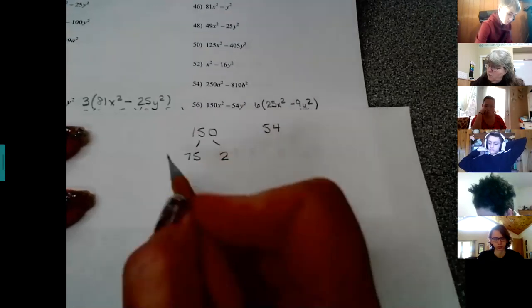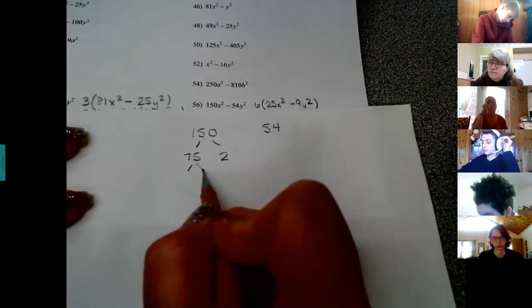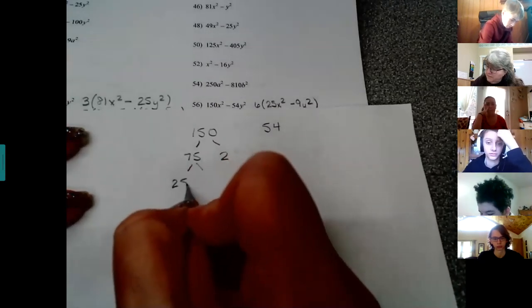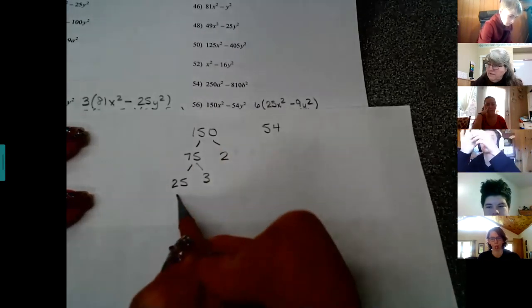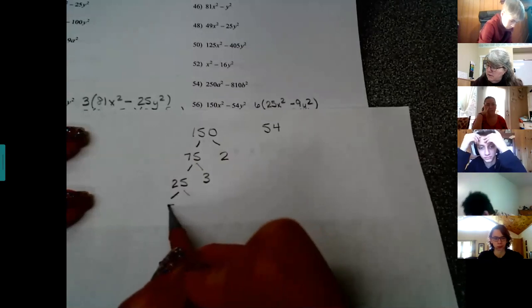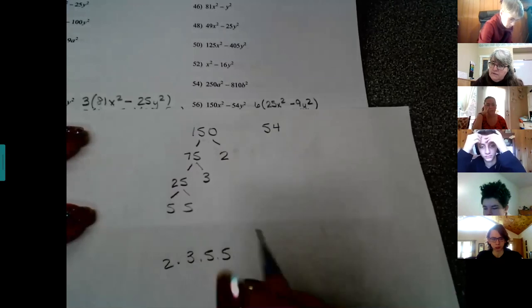Okay. What goes into 75? 25, 3 times. What goes into 25? 5, 5 times. So 150 is 2 times 3 times 5 times 5.